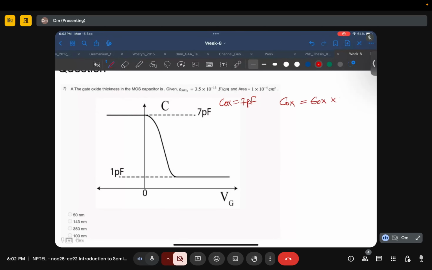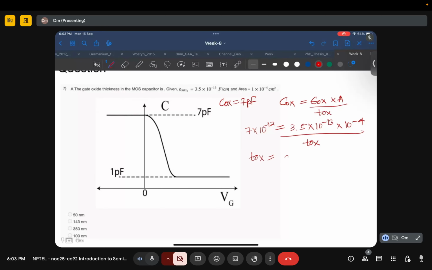epsilon ox into area by TOX, which is 7 into 10 to the power minus 12 equals 3.5 into 10 to the power minus 13 into 10 to the power minus 4 over TOX. So if you put everything in centimeter units, we'll get TOX in centimeters.